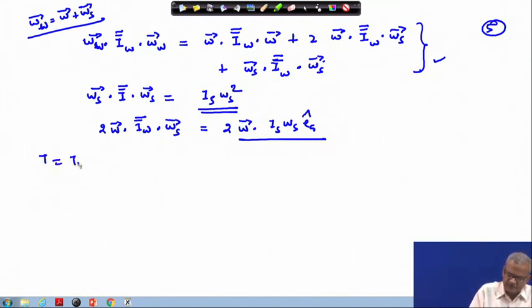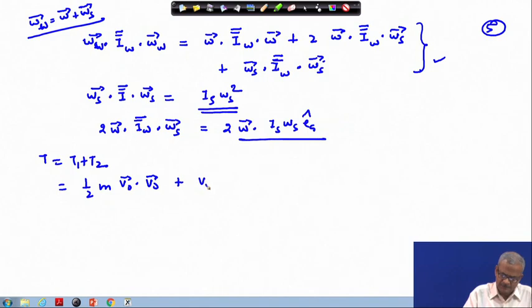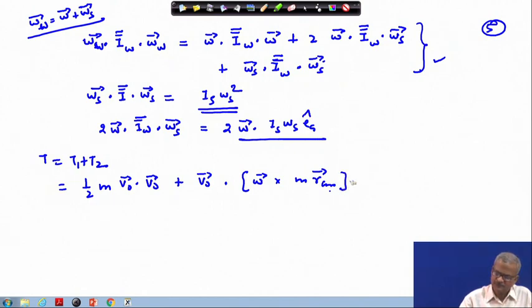So total T will be T1 plus T2, and if we add and combine all these terms, we get this equation: 1 by 2 m v0 dot, where this is the total mass, and R_CM is the total R_CM for the whole system. This is the total moment of inertia.